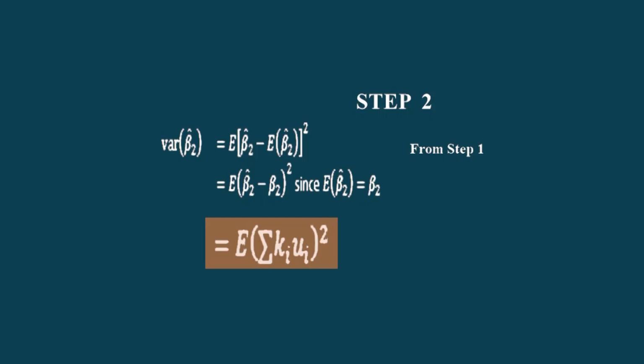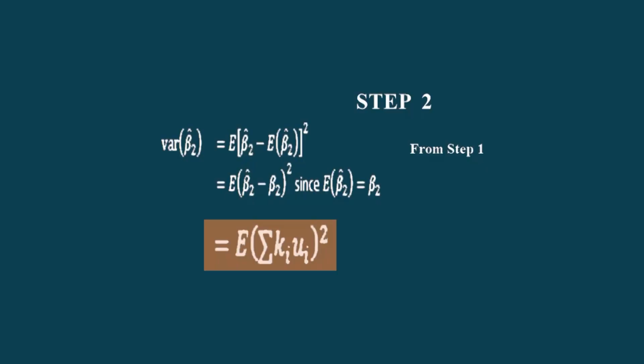Now beta 2 hat minus beta 2 is basically equal to summation ki ui, because in the last step of the unbiasedness property we saw that beta 2 hat minus beta 2 is given by the weight ki multiplied by ui. And since it's a variance we have to square it, so we square this entire expression, summation ki ui, whole square.